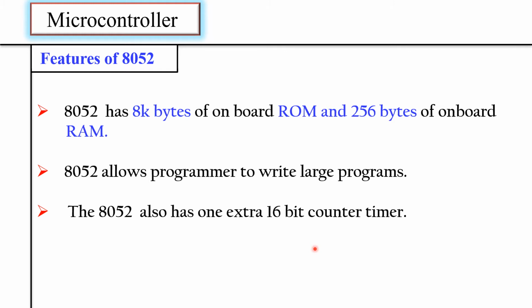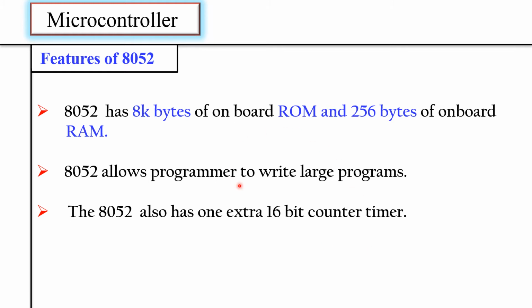These are the expanded features of 8052 over 8051. So a question can come as: state any three expanded features of 8052 over 8051. In this case you need to explain all these three points.